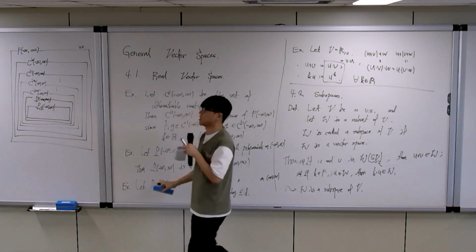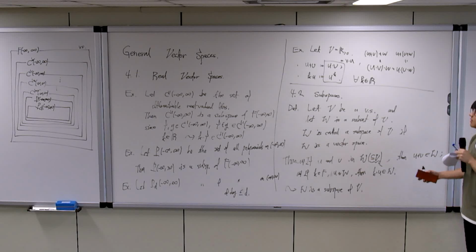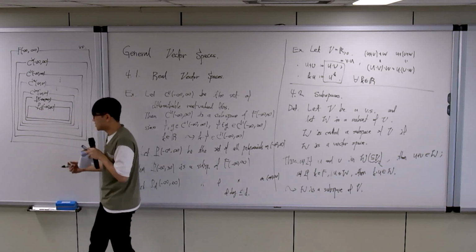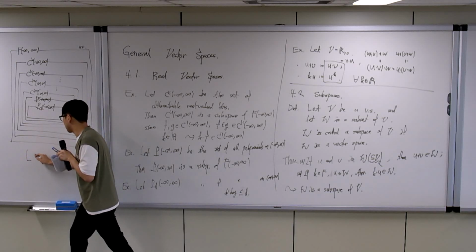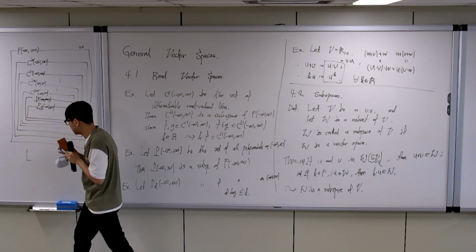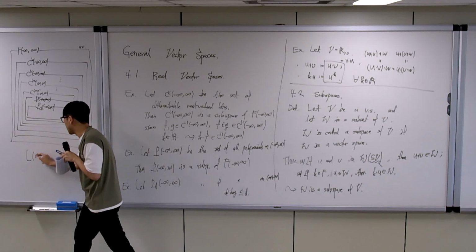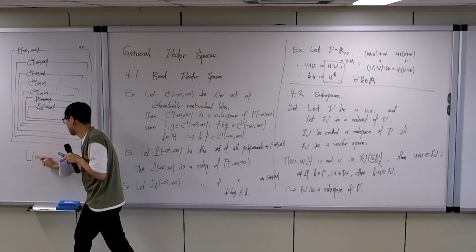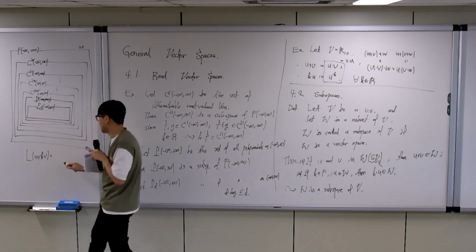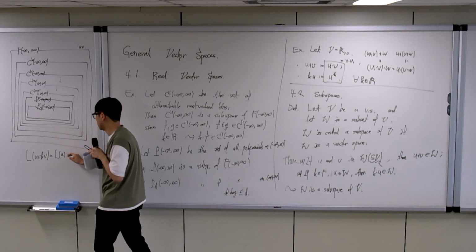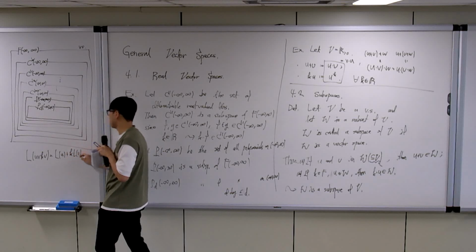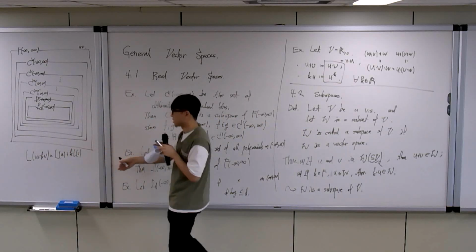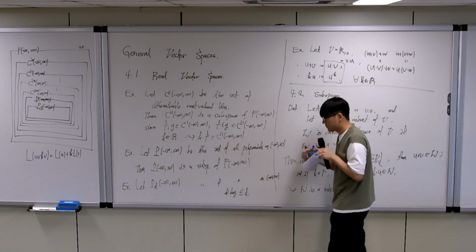And actually, any linear map, if L is a linear map, then L of the vector u plus kv is equal to Lu plus kLv. If it satisfies this property, then we say it is a linear function.